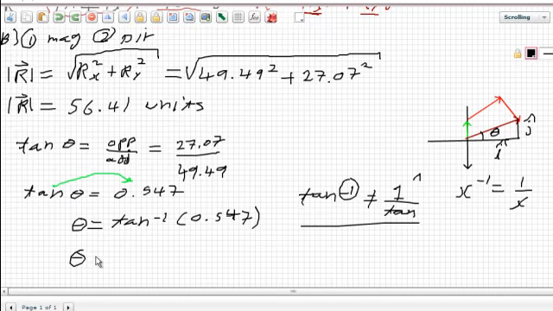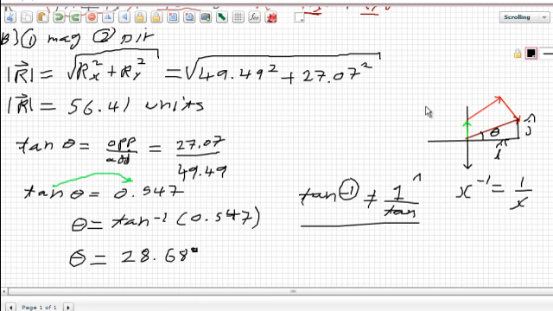So theta is equal to, once you punch this into your calculator, the tan inverse of 0.547, you are going to get 28.68 degrees. And once you've done that, you basically have the direction of the vector.